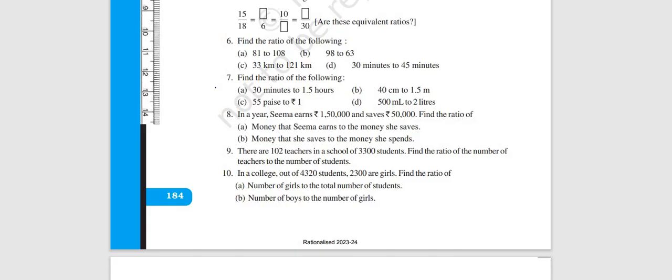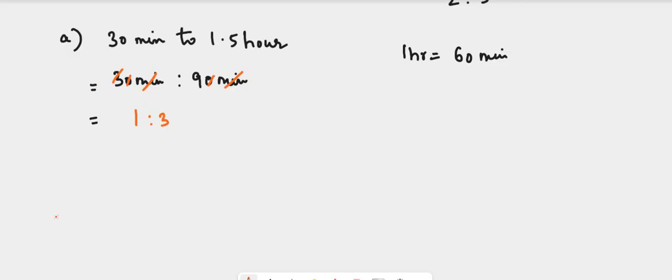Now the second question. What is the second question? 40 centimeters to 1.5 meters. Here also one is in centimeters and the other is in meters. To compare any two quantities, both should be in the same units.